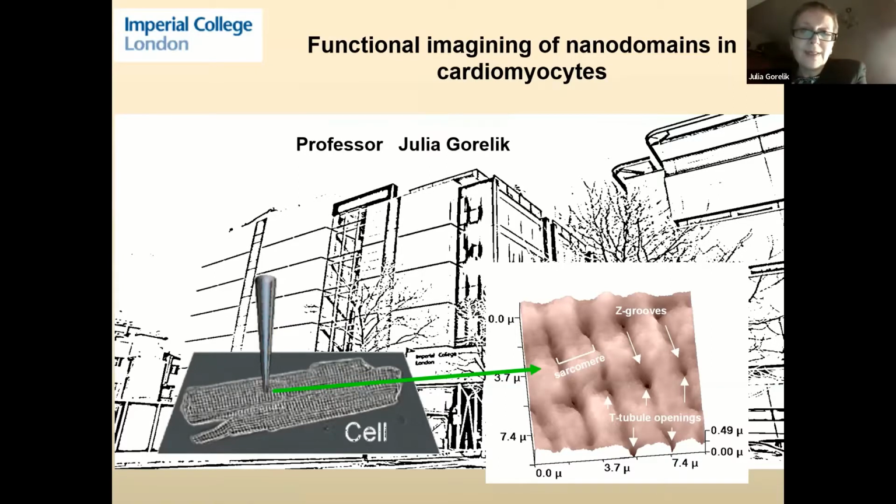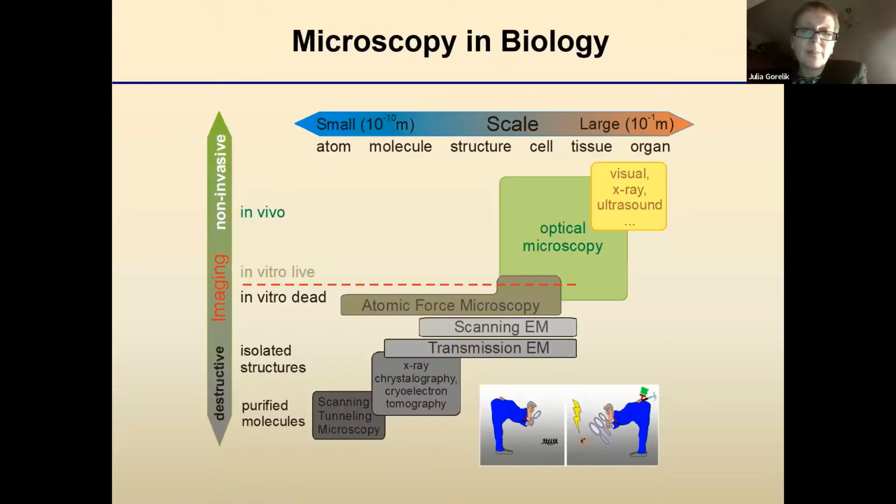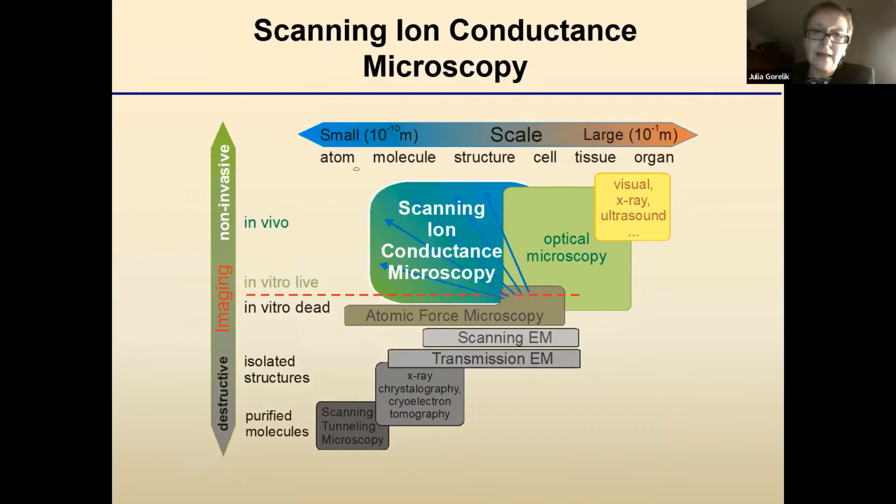I'm working with scanning ion conductance microscopy, and this is a really old picture from when I tried to explain it. Scanning ion conductance microscopy fills the gap between optical microscopy and electron microscopy. Using our technique, we can resolve small features on the surface of different types of cells with high resolution.